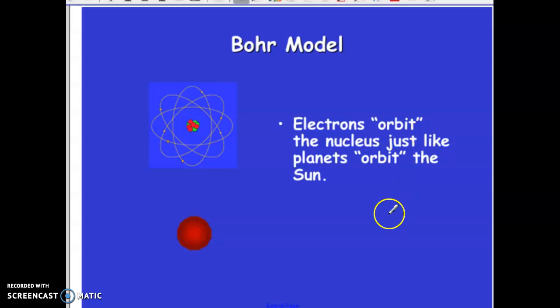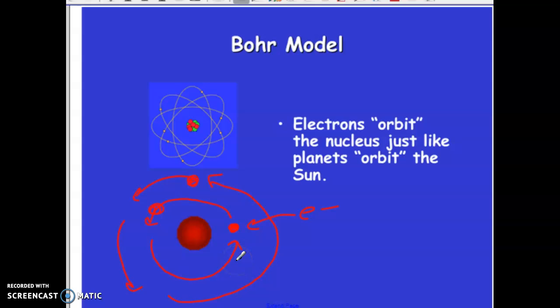Just like how planets orbit around the sun, imagine this is an electron, the electron would go around the nucleus. And you can have electrons on the same orbit, or you can have electrons on a different orbit. We're going to look more in detail about how these orbits are set up later on in this unit.